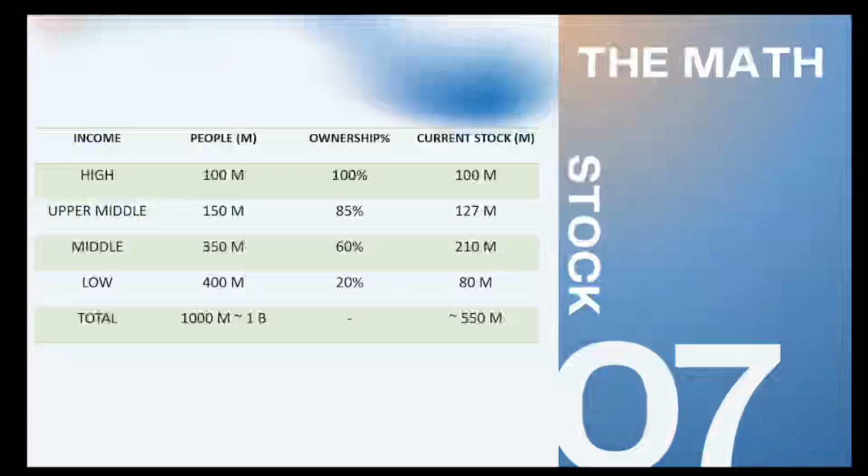Middle income with 350 million people and 60% ownership gives us 210 million devices, and low income people who are 400 million in number with 20% ownership gives 80 million devices. Adding these up, India's current smartphone stock comes out to be approximately 550 million devices. I'm stating here again that I am rounding off these numbers to the closest 10s to make the calculation easier. Now, this 550 million is our baseline. Now, let's see how many of them are getting replaced every year.